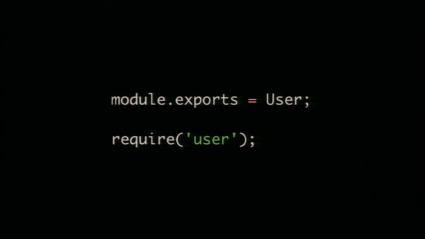You have a module object, which is available inside every CommonJS module, with an exports property on it, and you can put anything on that exports property, and that'll be exposed. Then you can require in other modules. If you've used Node, it's exactly the same, or if you've used Python, it's a similar idea. I feel very strongly about this. I think everybody here should be using a CommonJS or AMD module system, because I think it's fundamental to building large JavaScript applications.